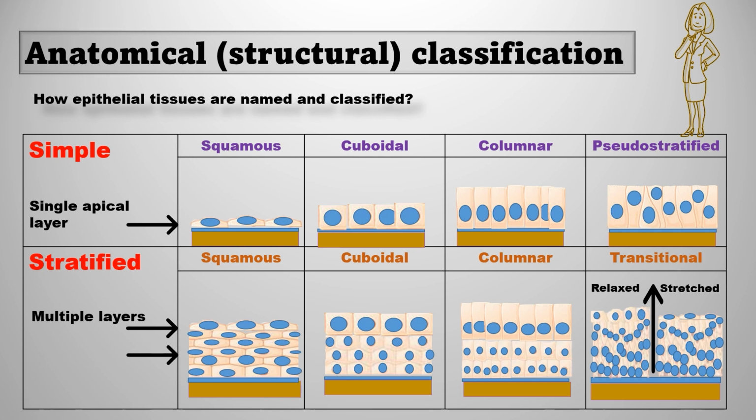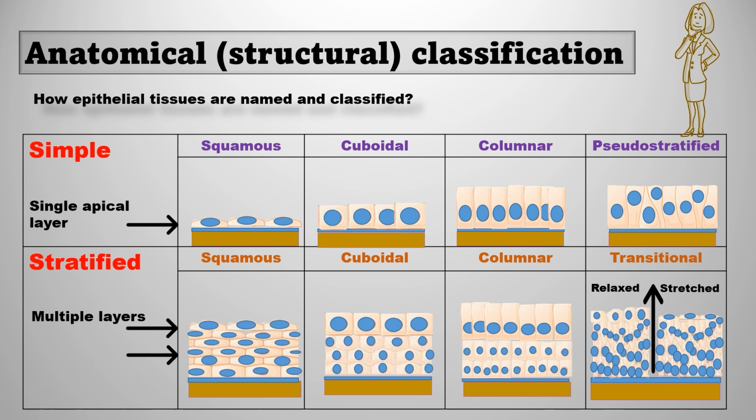As we said, there are two important points we have to consider when naming epithelial tissue. First is the shape of the cells of the apical layer. Second is the arrangement of the cells in layers. So based on those two facts, we are going to name them.